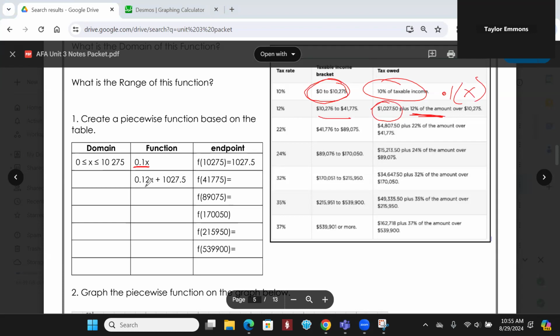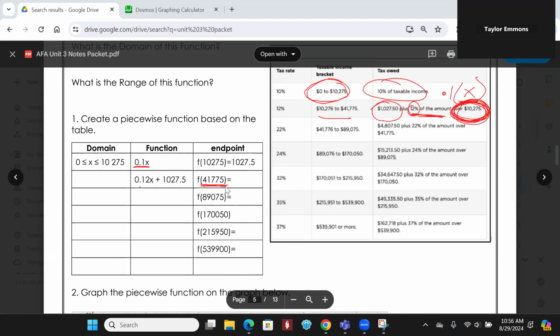So here's your equation: 0.12, that's 12%, times X, which is your taxable income, plus 1,027.5. X represents your income, right? But X really represents the amount over 10,275.